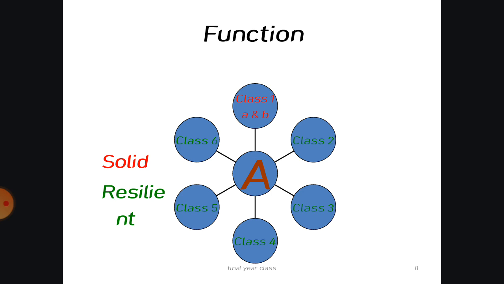So based on function, attachments are classified into 6 categories. The first category is the solid or rigid category, and from 2 to 6 it is the resilient category. Hope it has been clear. Class 1 is solid, and it is divided into subclasses A and B. Subclass A is just solid or rigid, and subclass B is rigid with a lock attached to the attachment. Class 2 comes under resilient with a vertical component of motion, that is vertical and resilient.